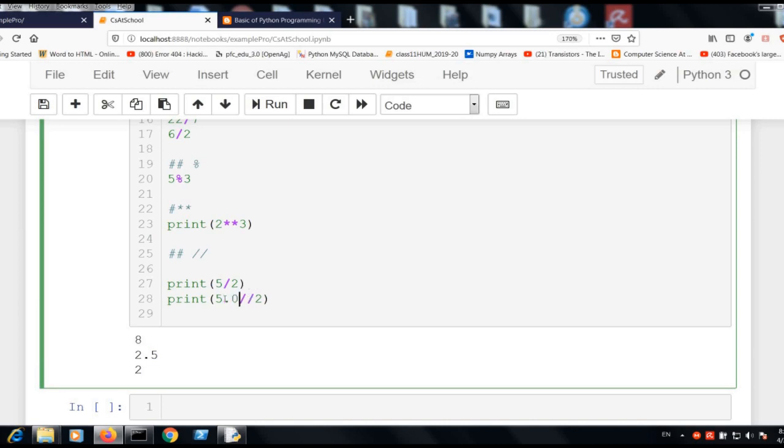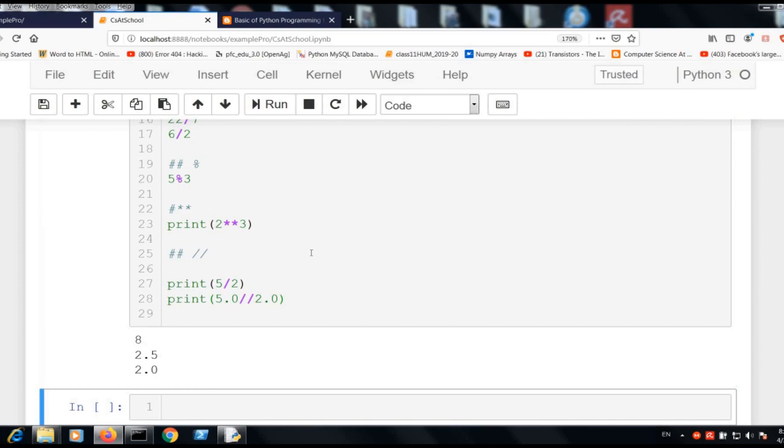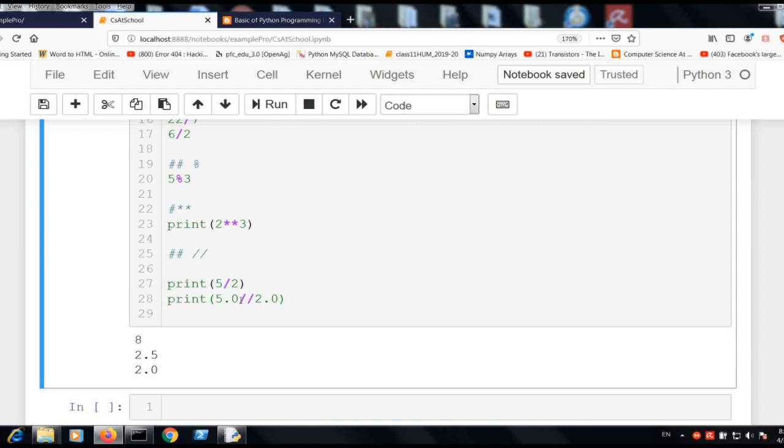If I write 5.0 and divide it by 2.0, and now I execute it, you can see it's still not returning 2.5, it is returning 2, but not in an integer format, but in a floating point format. So we have to understand that if the operands are integers, it will return the answer as an integer, and if the operands are floating point, then floor division will return the answer as a floating point. So does it make sense?